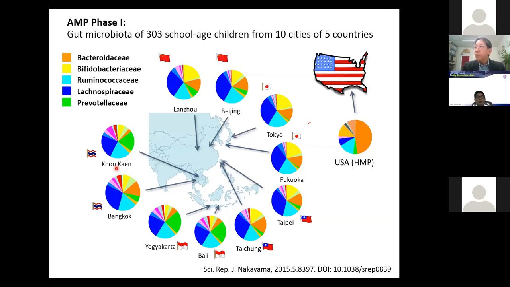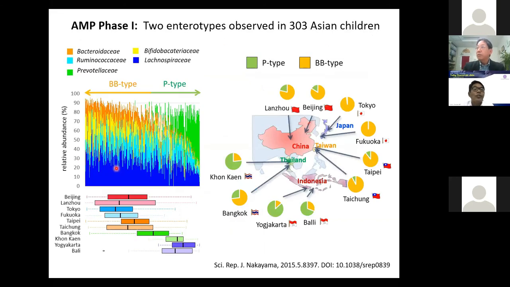So it is really clear that Southeast Asian children and East Asian children have distinctive microbial communities. And this slide shows the difference more clearly.